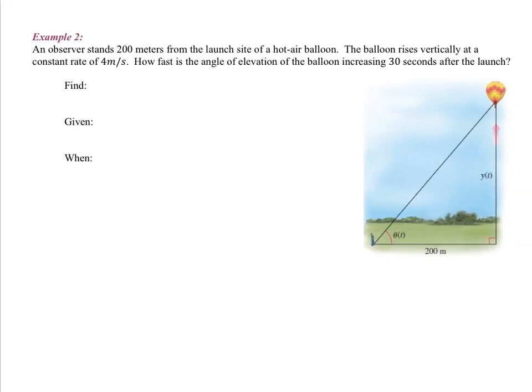Okay, an observer stands 200 meters from the launch site of a hot air balloon. The balloon rises vertically at a constant rate. Okay, so we're given this. Let's say dy/dt would be our vertical rate of change, which is 4 meters per second.